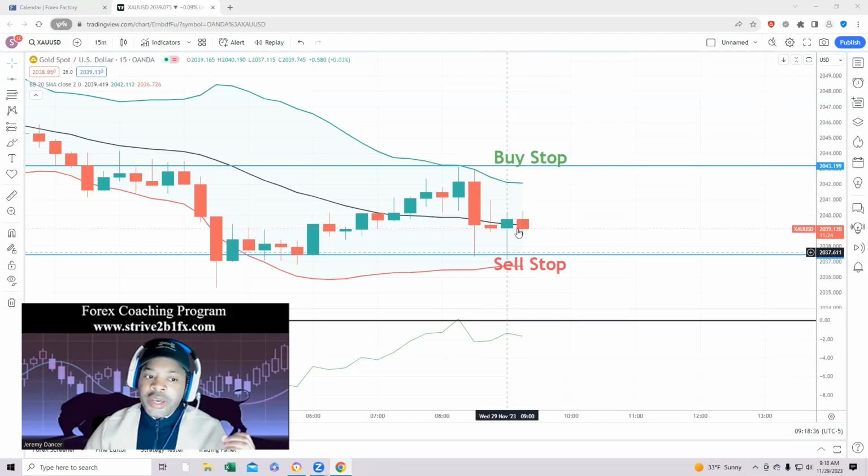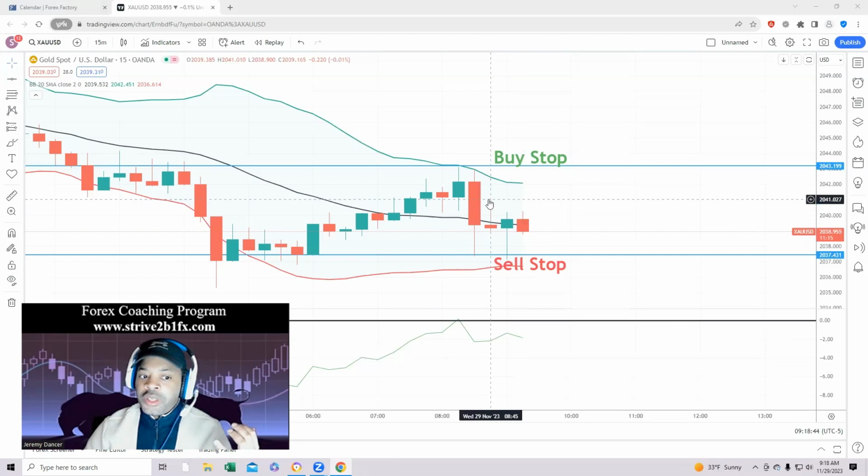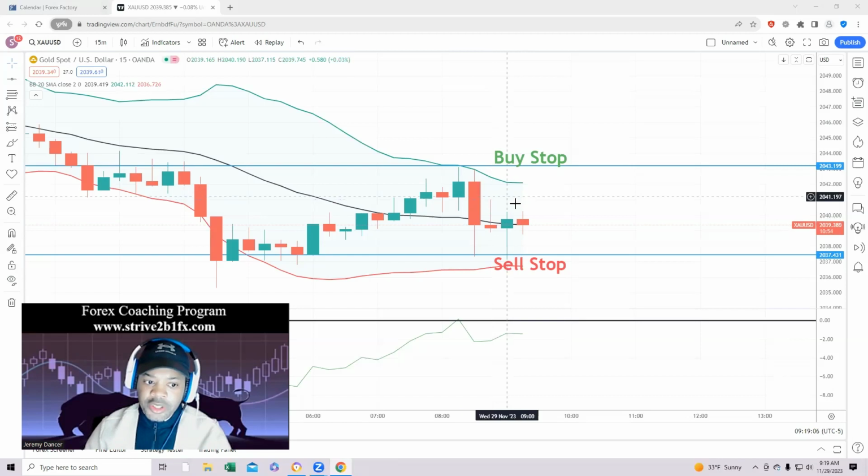At the same time, the buyers are having a hard time pushing the price past this supply zone at 2041. So this is a sign of consolidation, and there's going to have to be something that's going to break this range, whether it's a news release or something has to happen to break this range.